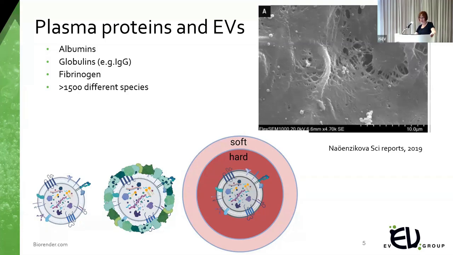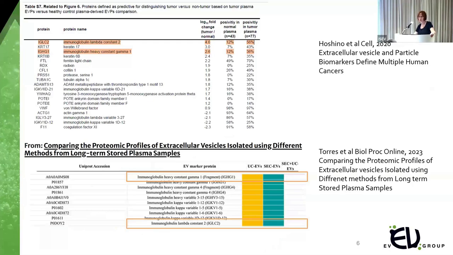But I want to give you an example from biomarker research, and this is a very nice paper from Hoshino et al. in Cell 2022, where they compared over 400 human samples looking for cancer biomarkers. They found there was very good predictive power for some immunoglobulin subunits, marked here in orange, and that they could really discern the cancer patient samples from the healthy samples.